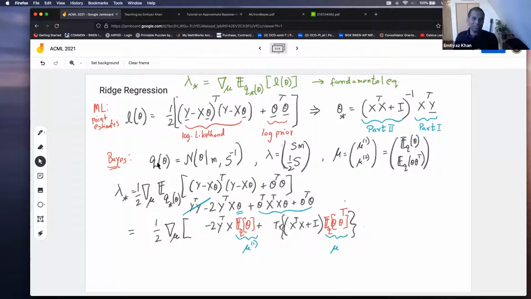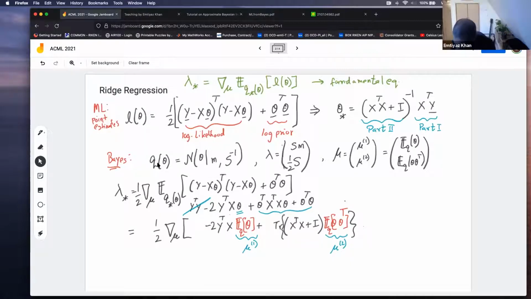Now in this case, why I chose the Gaussian is because I know that the loss is quadratic, so it can only have a linear and a quadratic part, and the Gaussian has the right sufficient statistics. So that's basically what I did. And it turns out that the expectation of that loss function can be written in terms of mu1 and mu2.